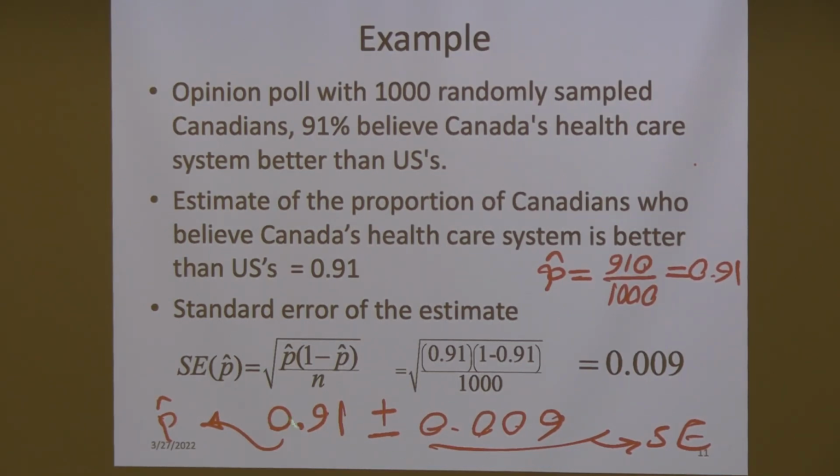Sometimes this is used, and this is not a confidence interval. If you see something like this, denoted by a standard error, it's just to show that this is the estimate that we have for the population parameter. So this is the sample proportion, and this is the standard error that we have for the sample proportion. That's just the meaning of this. This is not an interval, okay?